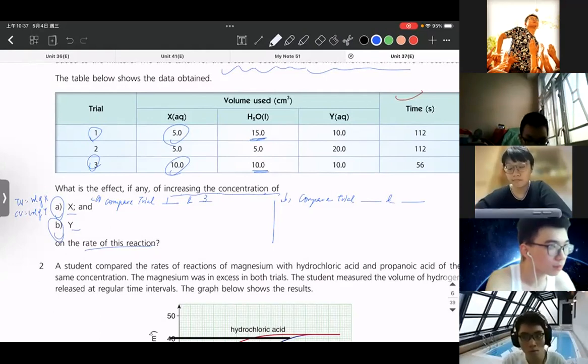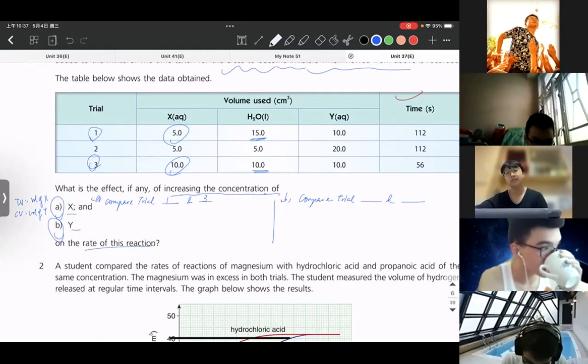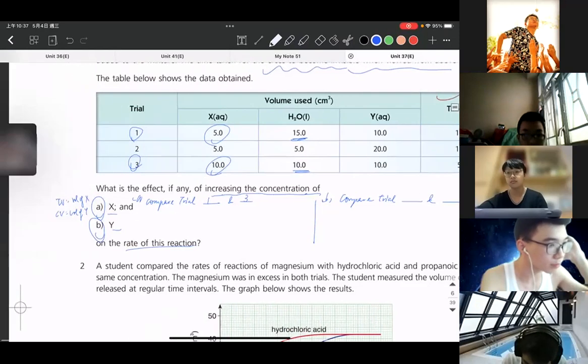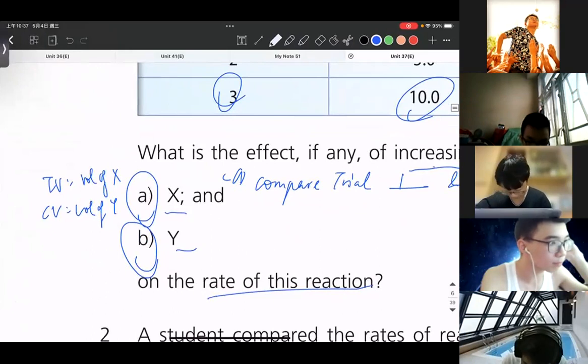Gia Jing, what do you think? Yes, what's his question? I can't hear. My question is the independent variable and control variable dependent models, right?